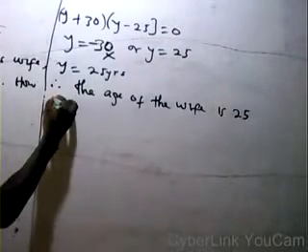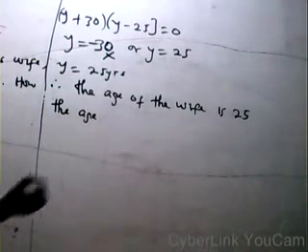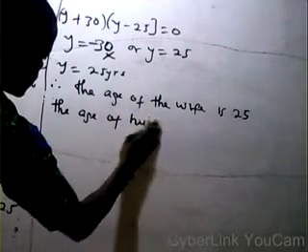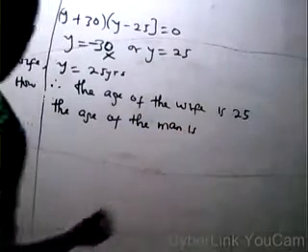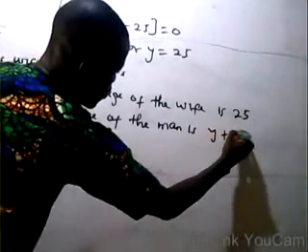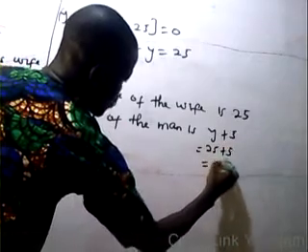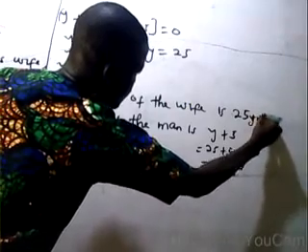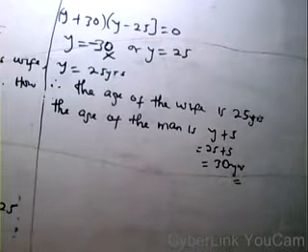And the age of the husband, which is that man, is y plus 5. So y plus 5 is 25 plus 5, which is 30 years. So that is that on question 1.